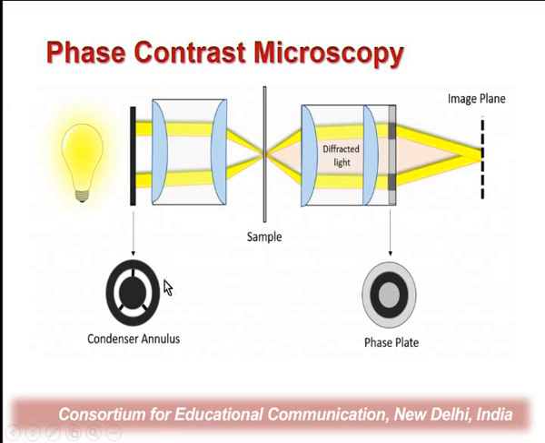So with the interplay of these two components, the phase of the incident light is changed, and because of this changing phase of the incident light, the image which is formed gives us much greater clarity in terms of the detailed structure.